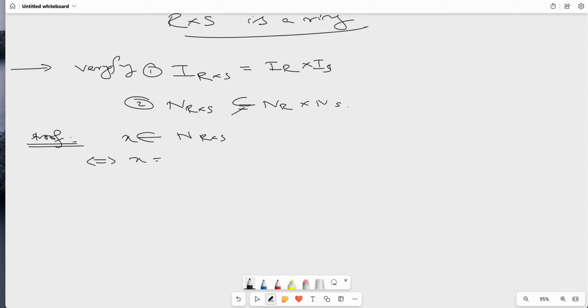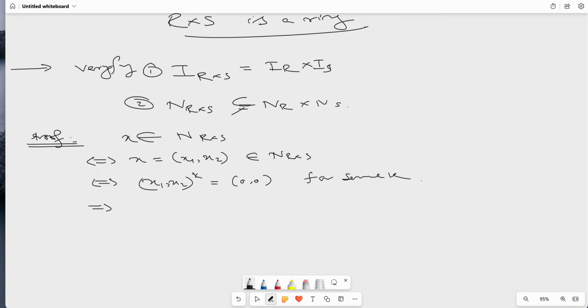This means that x is some (x1, x2), because R cross S is a ring, (x1, x2) inside N of R cross S if and only if (x1, x2) to the power k is (0, 0) for some k, if and only if (x1 to the power k, x2 to the power k) is (0, 0), if and only if x1 to the power k is 0 and x2 to the power k is 0, right?